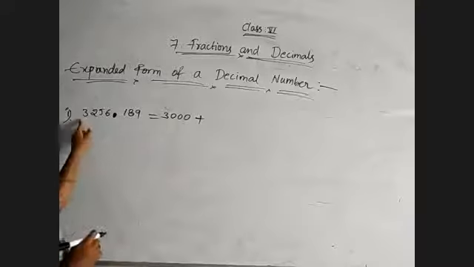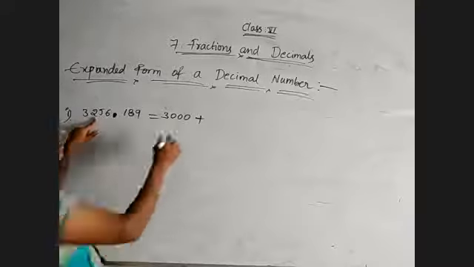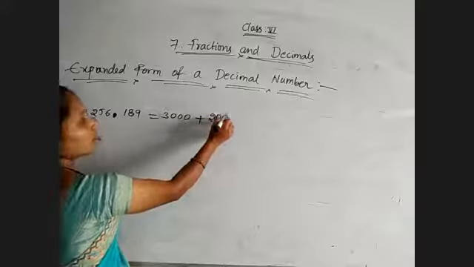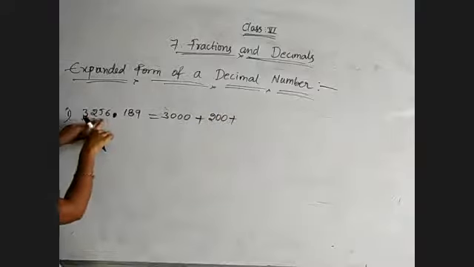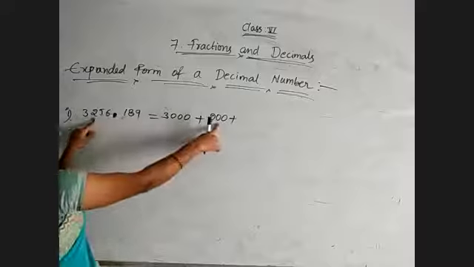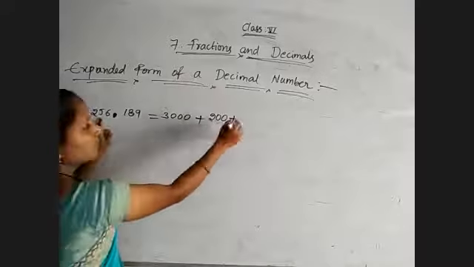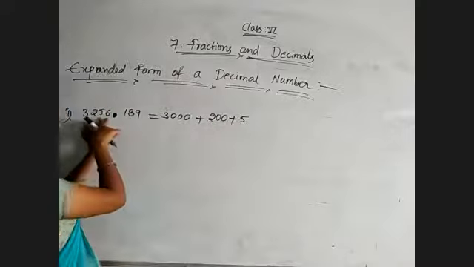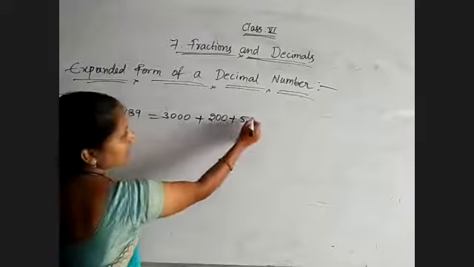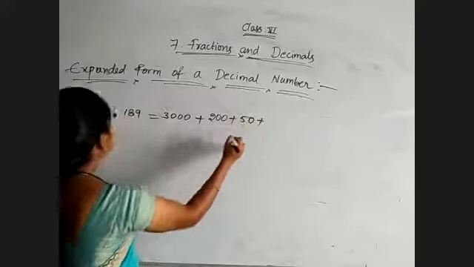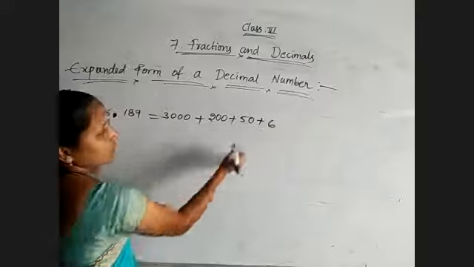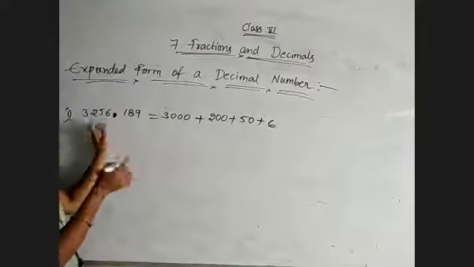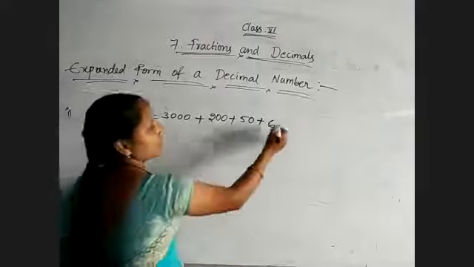Just observe. So 3000. 2 is in the hundreds place, so 200. After 2 there are 2 digits, so we keep 2 zeros. Next 5. After 5, 1 digit is there, so 5 is in the tens place. So 50. And after 6, no number is there. 6 is in the ones place. So 6. Plus.